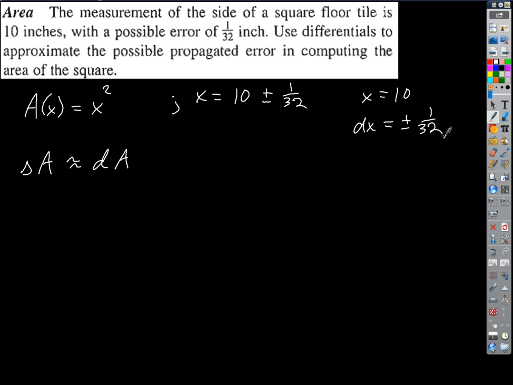So the amount that the area is going to change, delta A, is approximately equal to the differential dA. Okay, so let's add our values here. You already told me x equals what? x equals 10, good, plus or minus 1/32. So x is 10 and dx is plus or minus 1/32.